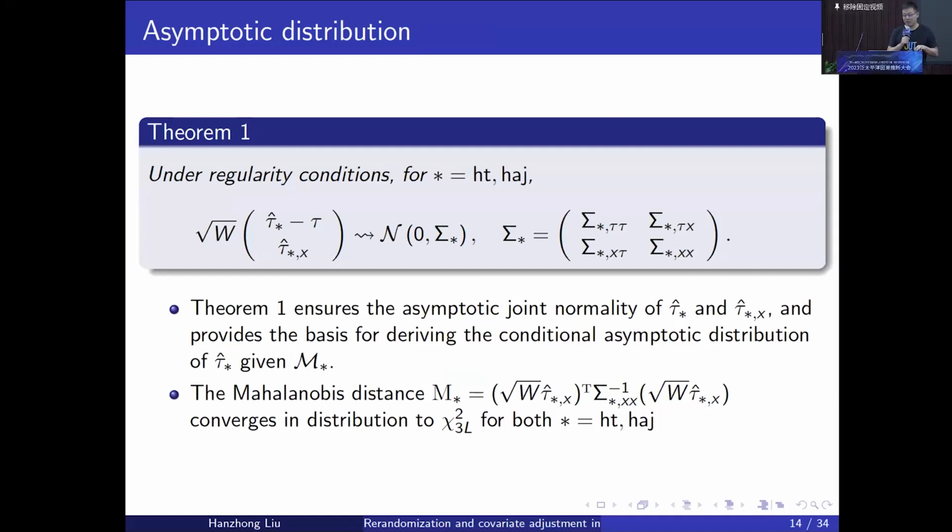And by this theorem, the Mahalanobis distance converges in distribution to a chi-square distribution with 3L degrees of freedom. It provides guidance for us to select the threshold D. For example, we can choose D as the alpha quantile of a chi-square 3L to get an asymptotic acceptance rate of alpha.